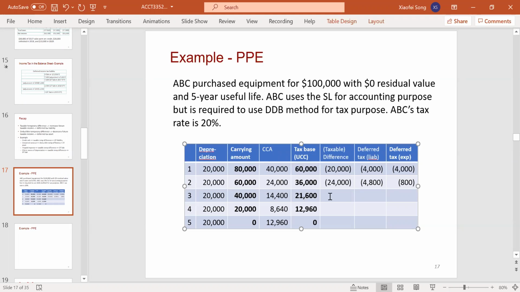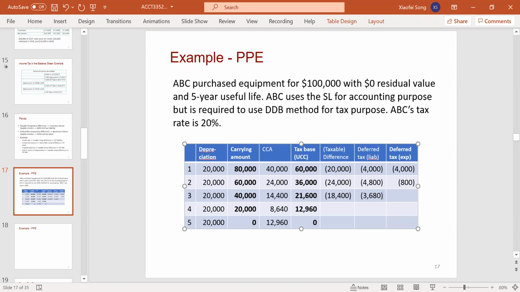This time is 18,400. And so that gives us, at the 20% rate, deferred tax liability of 3,680. And since there was already 4,800, our adjustment has to reduce it.